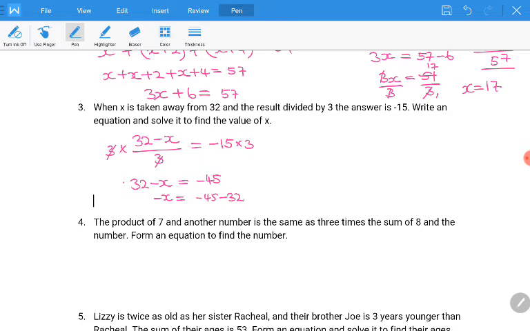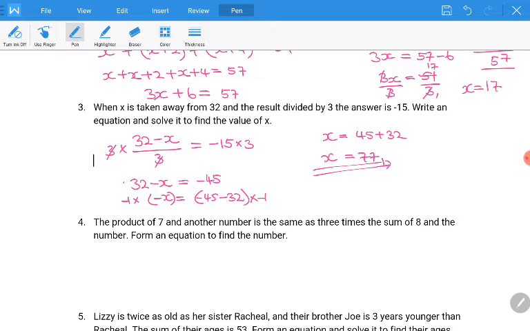If we multiply both sides of the equation by negative 1, we are going to get x is equal to 45 plus 32. So x is equal to 77.